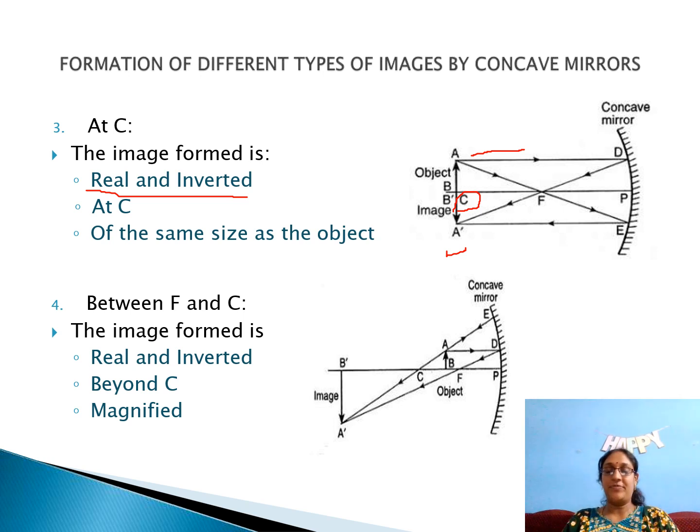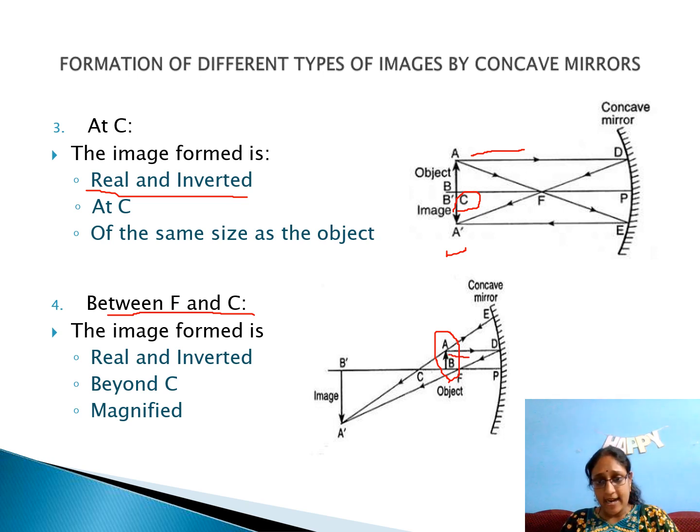It's simple, easy. Next, you're placing the object between F and C. So what happens here? This is your F focus and this is your C center of curvature. You're placing the object here. The same rule is followed.